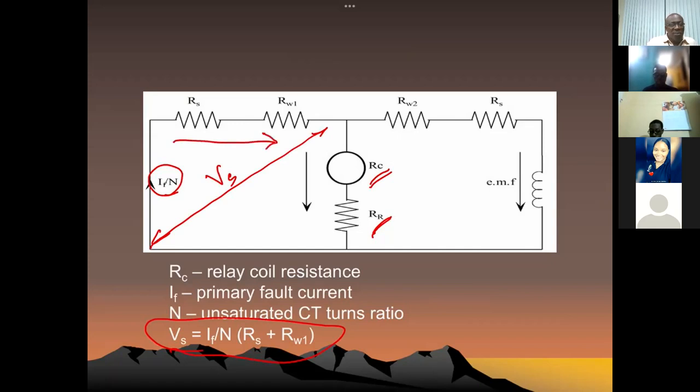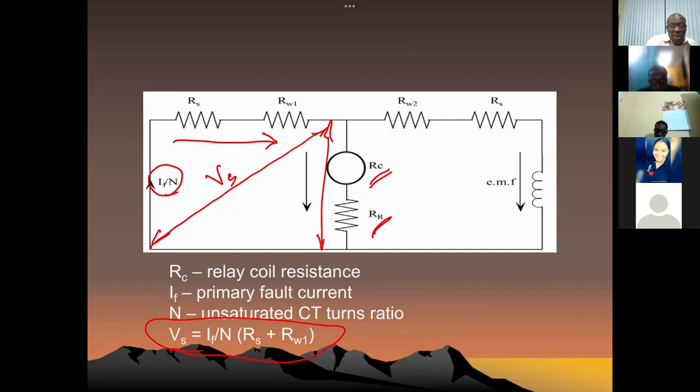If that voltage is equal to this voltage, then we'd have no current flow. Because if the two voltages are equal, then we'd have no current flow. Fair enough? You'll have a current flow once the voltage exceeds that.